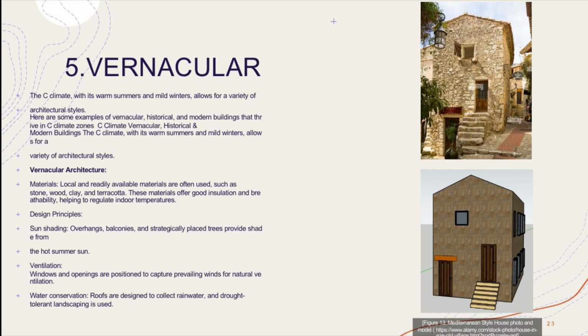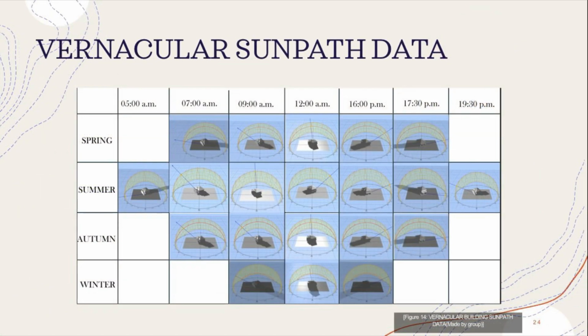Ventilation: windows and openings are positioned to capture prevailing winds for natural ventilation. Water conservation: roofs are designed to collect rainwater and drought-tolerant landscaping is used. You can see the vernacular sun path data.